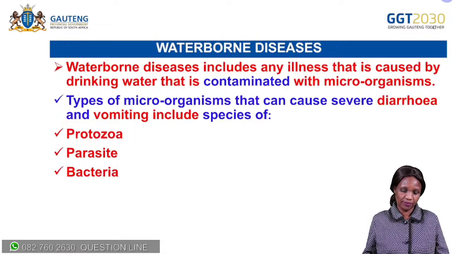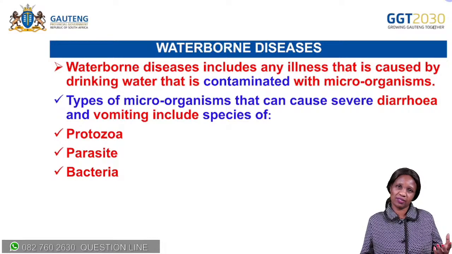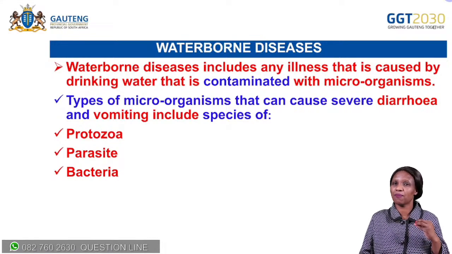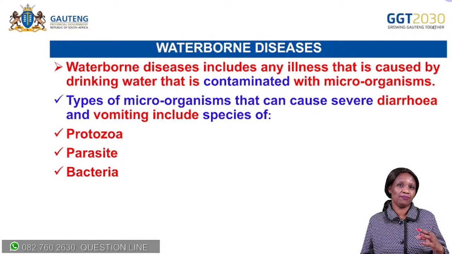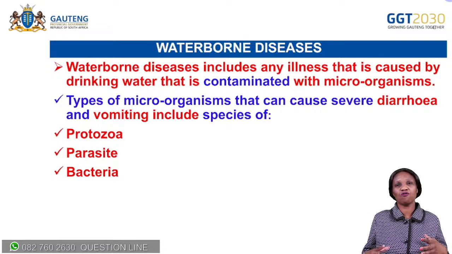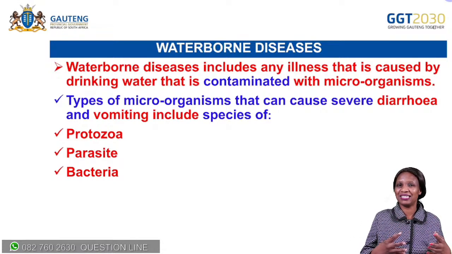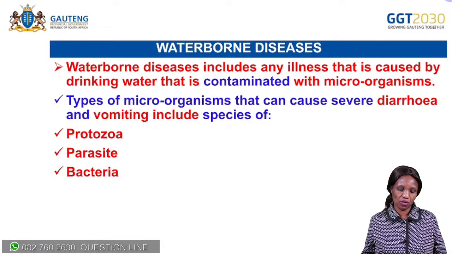Let's move on. And then let's look at waterborne diseases. When we are talking about waterborne diseases, we are talking about those diseases that we get from water. For example, if we drink contaminated water, we might get different diseases. We call those diseases waterborne.